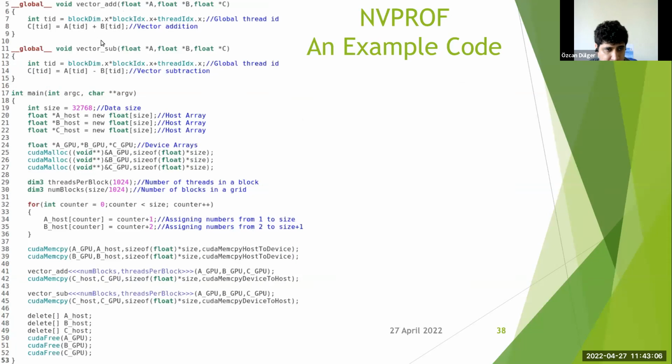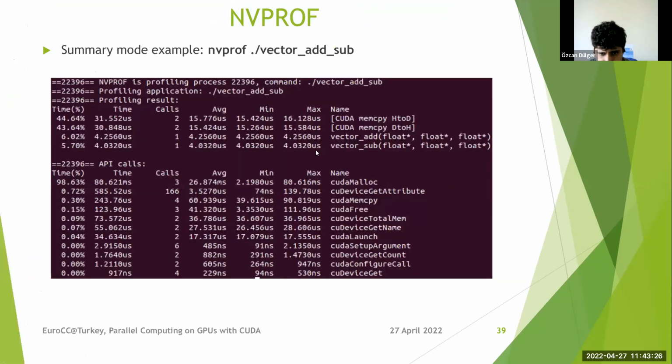Since we have 1024 warps, the total number of transactions for reading A is 1024 and for reading B is 1024. So in total, it is 2048.